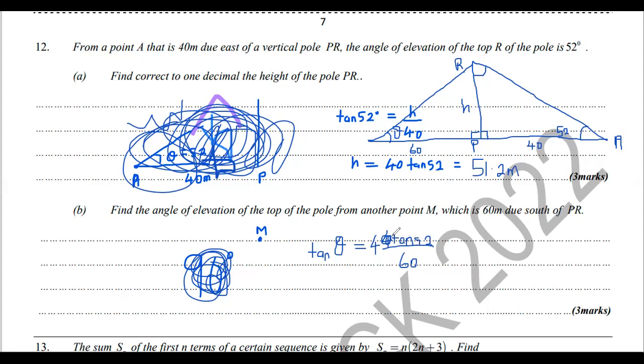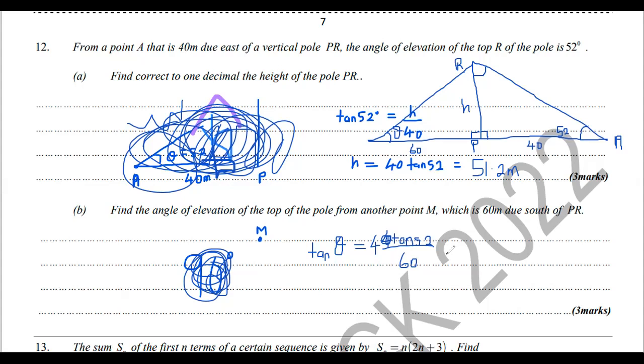So here, equally, tan theta will be equal to 40 on 60, that is 2/3 times tan 52. So we have 2 on 3 times that.